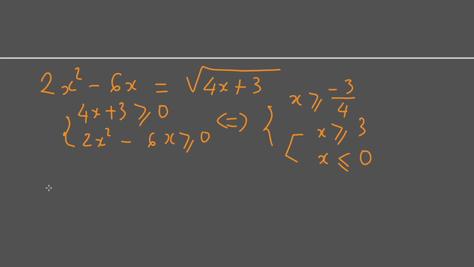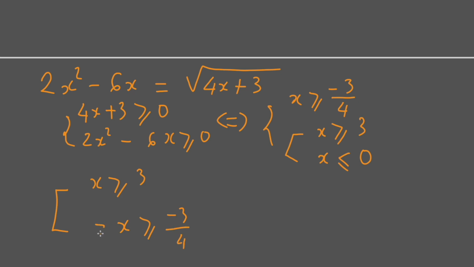Then finally, we have two ranges of x in this case. First, x is greater than or equal to 3, and second, x is greater than or equal to negative 3 over 4 and also smaller than or equal to 0. So let's remember this condition of x.